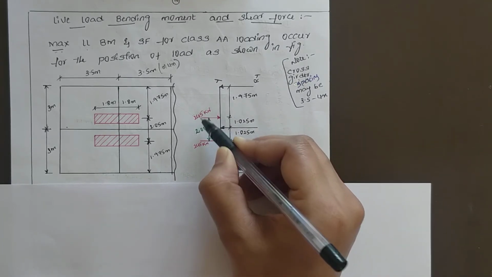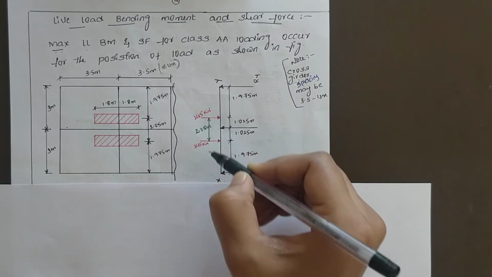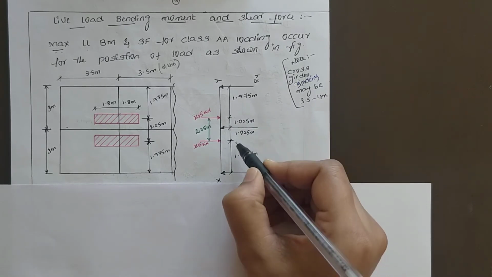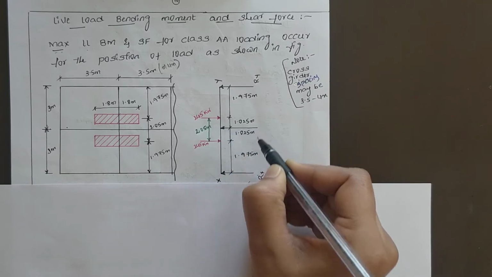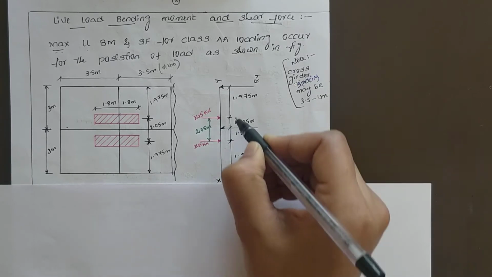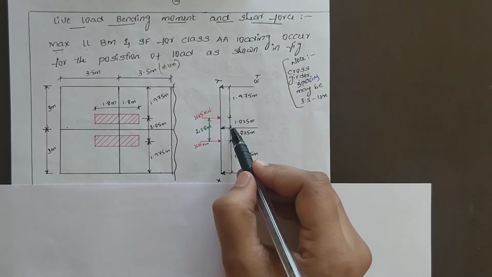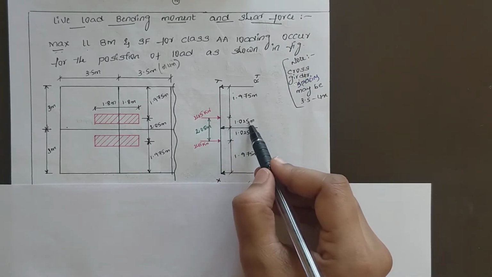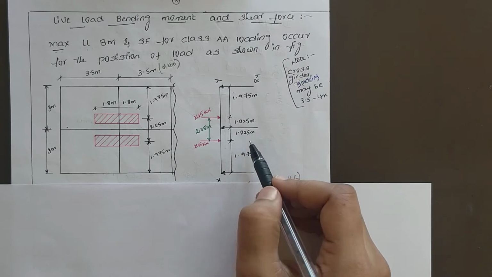How you get 245 kilonewton, I will show you in the next step. This is 1.975 and this is 1.975, and the distance between these two is half of 2.05, that is 1.025 and 1.025.